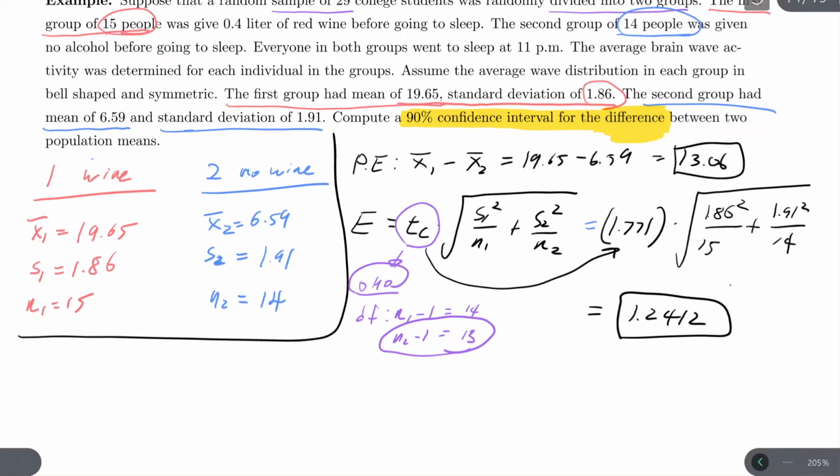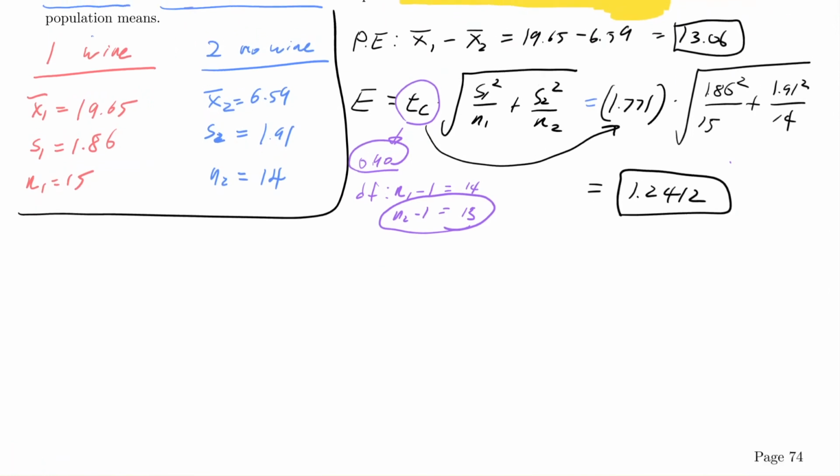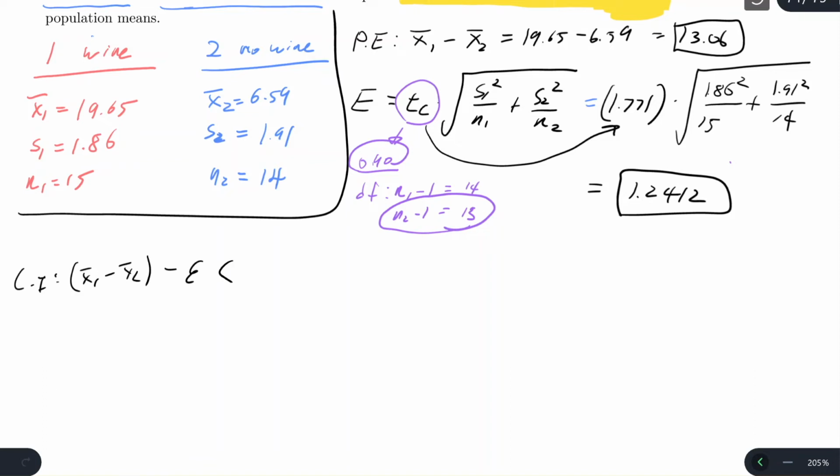So for the confidence interval, again, we follow a similar format. Confidence interval is the point estimate, which is the difference between sample means, minus the margin of error, and the difference between sample means plus the margin of error. But we already know this value, which is 13.06.